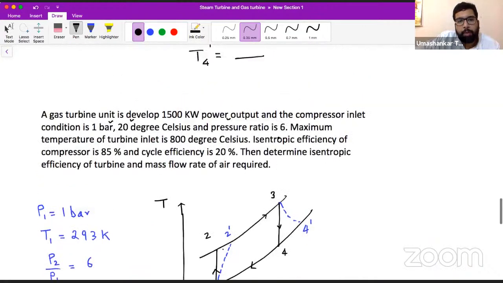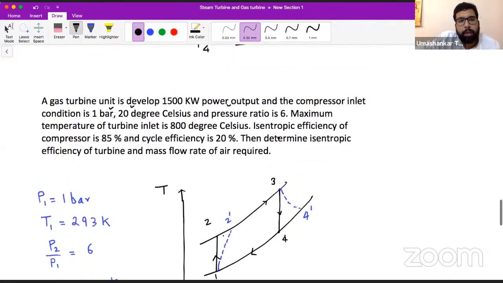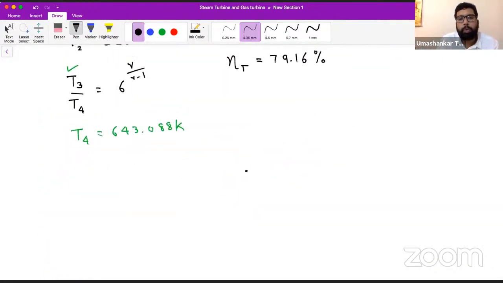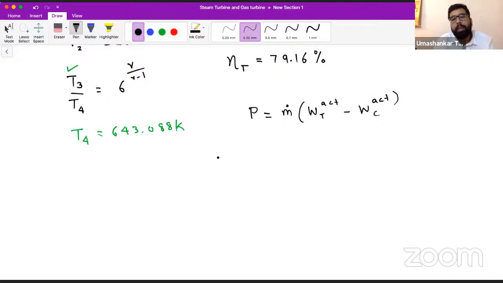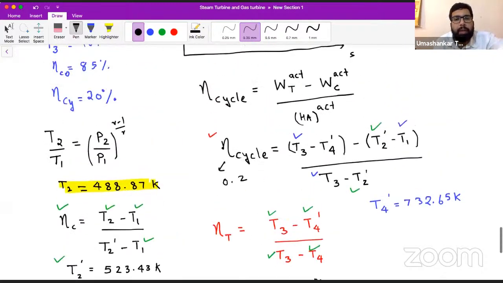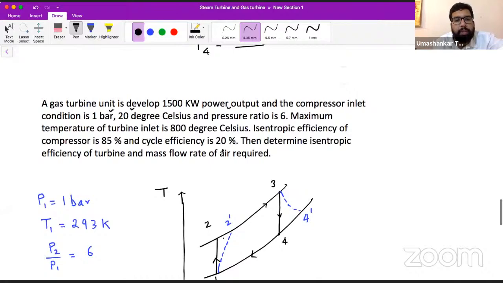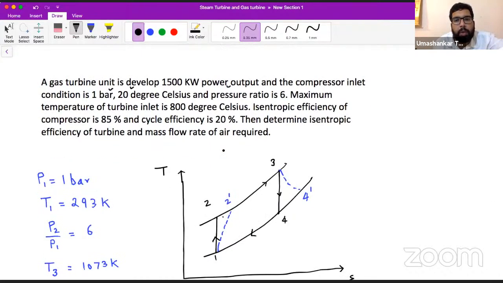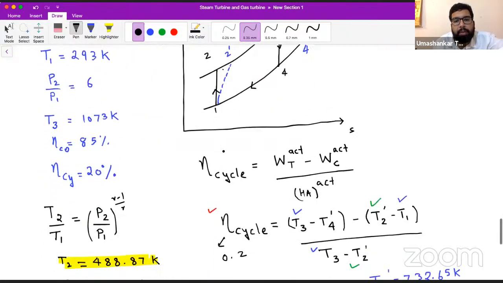Now, what else do we have to find? We have to find the mass flow rate. So we have been given power. So power is equal to m dot times W turbine actual minus W compressor actual. Power is given as 1500 kilowatt.